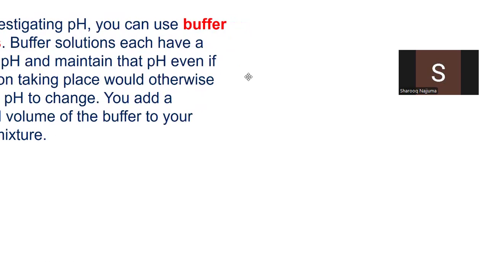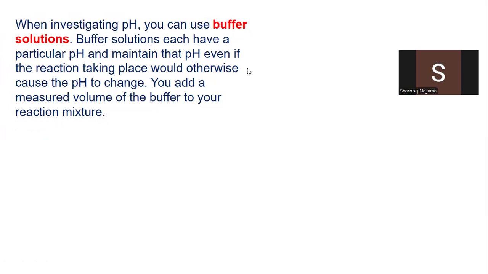Assuming I want to carry out a reaction at different pH values, I'll have maybe one test tube with the enzyme and substrate, but I want the enzyme there to work at a pH of maybe 2. And then I have another test tube with enzyme and substrate, but I want the enzyme to work at a pH of maybe 4. For that case, we use buffer solutions.